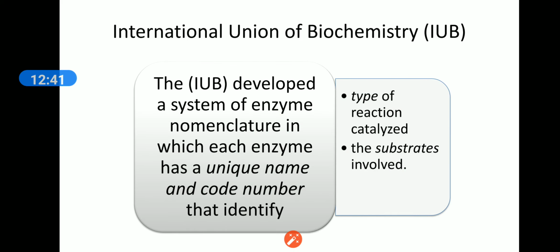The International Union of Biochemistry, IUB, developed a systematic nomenclature in which each enzyme has a unique name and code number that identifies the type of reaction catalyzed and the substrate involved in that reaction.